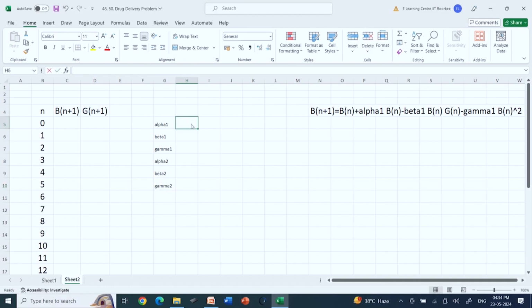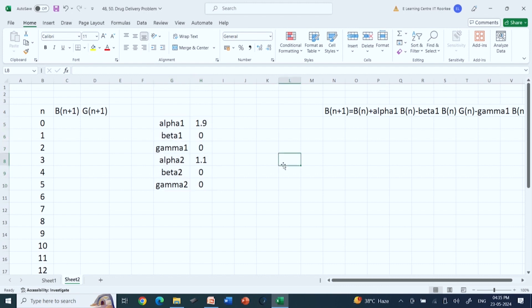So, alpha 1 is 1.9, this is 0.0003, this is 0.003, alpha 2 is 1.1, beta 2 is 0.0001, and gamma 2 is 0.001. I highlight them a little and change the font so that it's easy to see, put them in the middle.